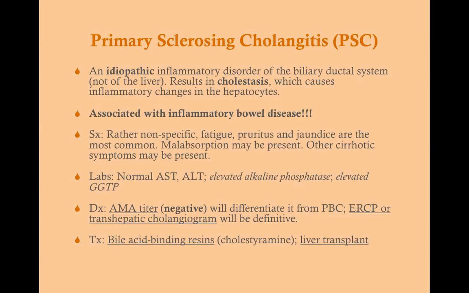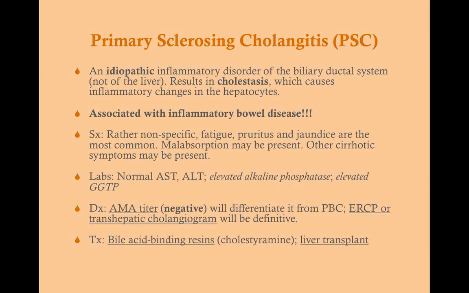Okay, primary sclerosing cholangitis is an idiopathic inflammatory disorder of the ductal system. It's important to keep in mind that this is not a disease that directly attacks the liver. It attacks the biliary ductal system, and the biliary ductal system is the ducts that transport bile from the liver into the duodenum. So this is not attacking the liver itself. It is attacking the bile ducts.